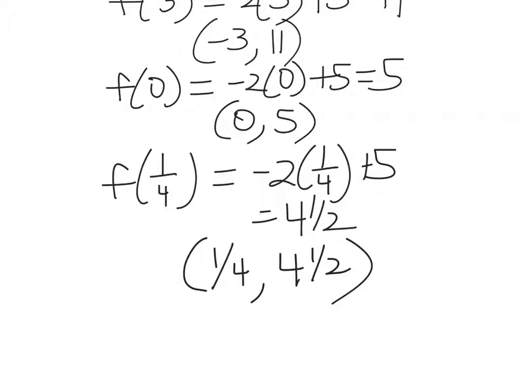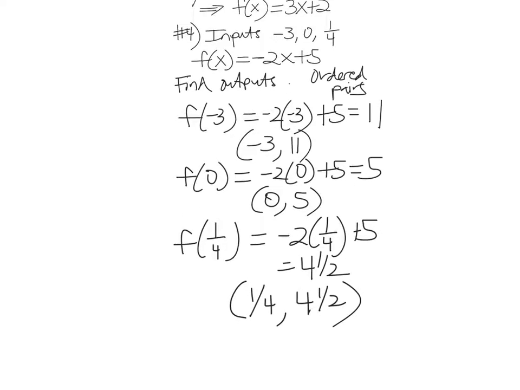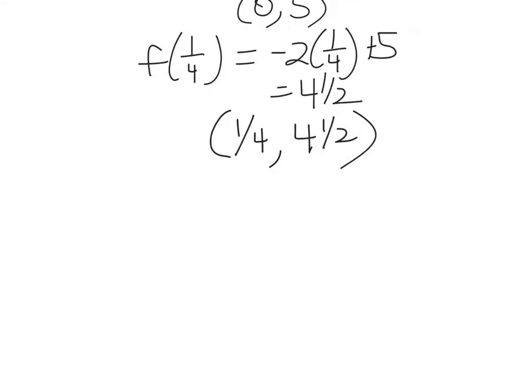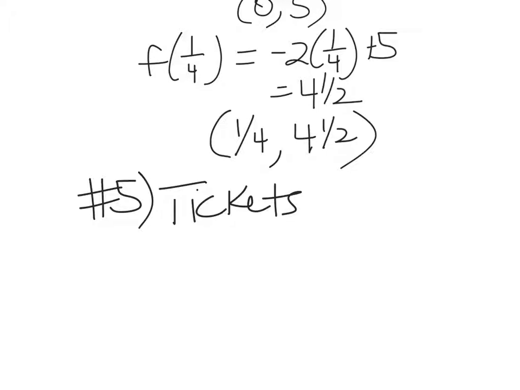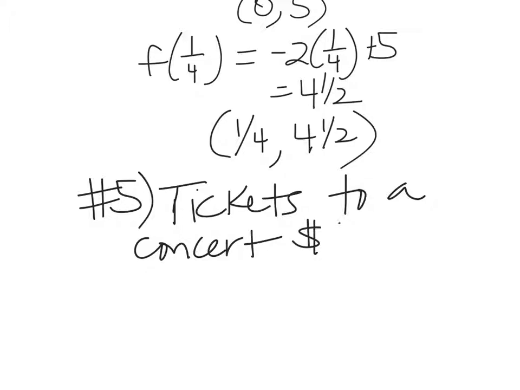All right, I've got one last problem. Number 5. It says here that tickets to a concert, and of course they have to put in a word problem for you. Tickets to a concert cost $35.